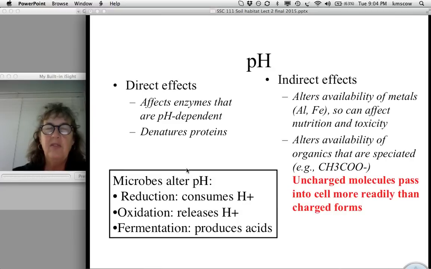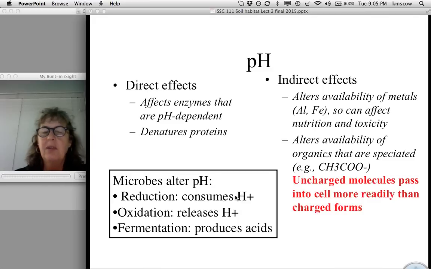And this box here reminds you, if you don't already know, that microbes have an enormous effect on the pH of soil through their processes. So they are affected by pH, but they also affect the pH. Examples are when there's a lot of reduction in a flooded soil system, and you're going to measure this in the lab when you do the flooded soil lab. You're going to see the pH rises as you go through these different electron acceptors, and protons are consumed.